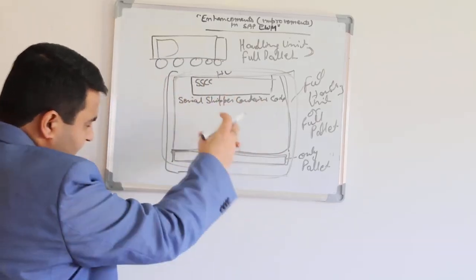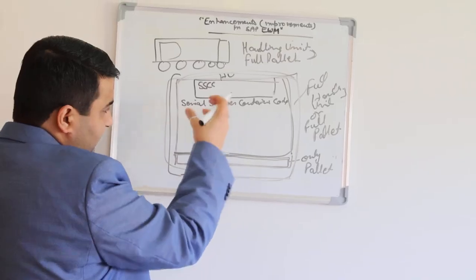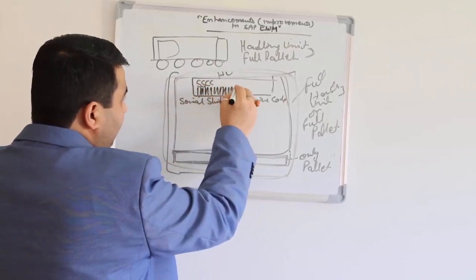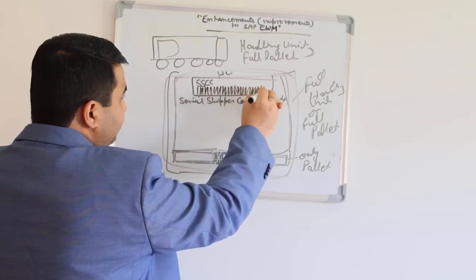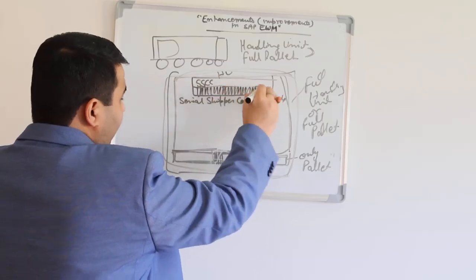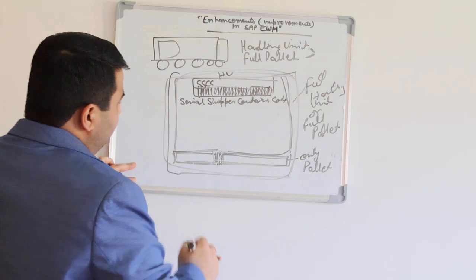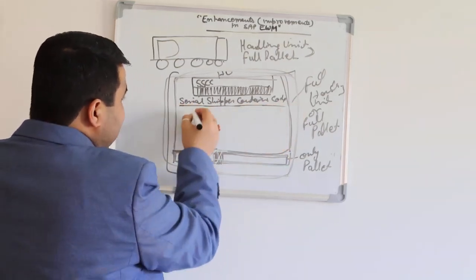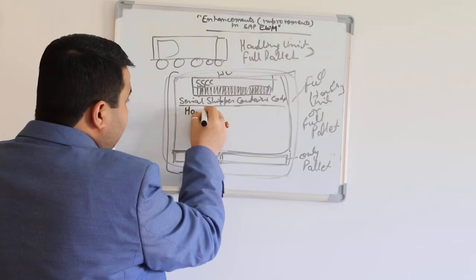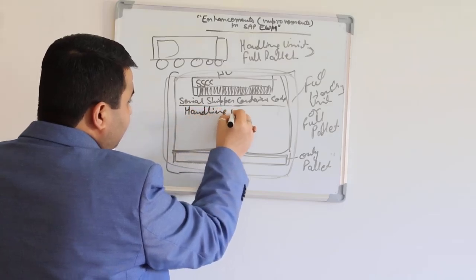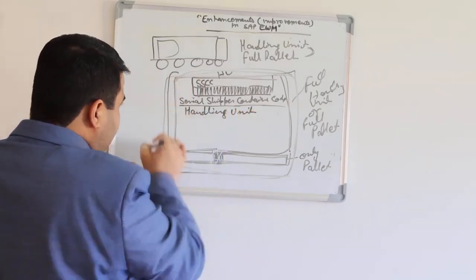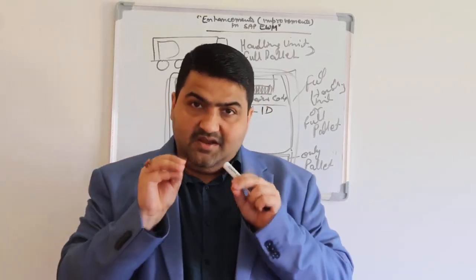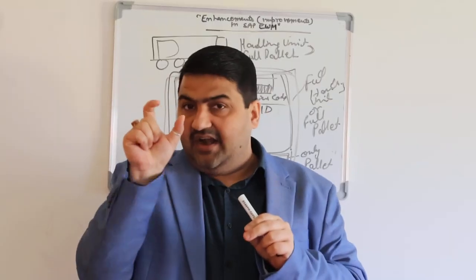Generally, whenever we receive the product from the vendor, we have the barcodes on top of the HU, which is the serial shipper container code. It means this is the handling unit, this container ID, because everything can be identified through the ID number.